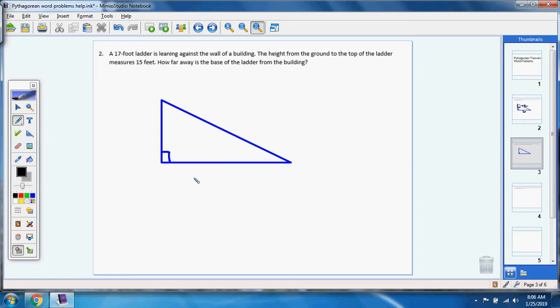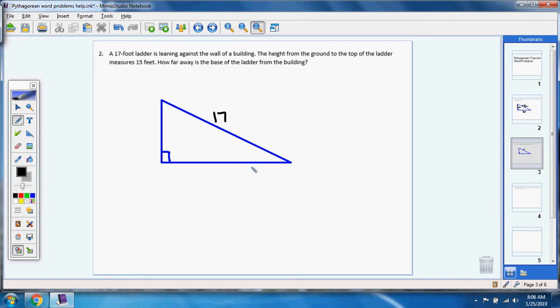So where does the 17 go representing the ladder? Put it where you think. So again, we got 3 parts of our triangle, 3 parts of our scenario here. We've got the wall, the ladder, and they call it the base again, which is really just the ground. So hopefully you put the 17 here. You're leaning the ladder against the wall.